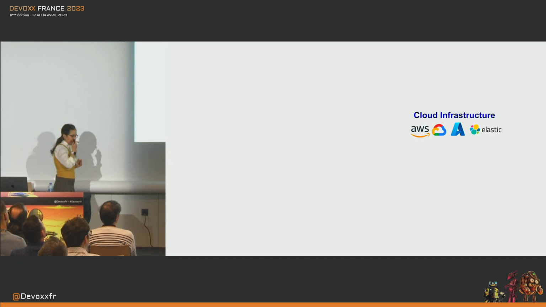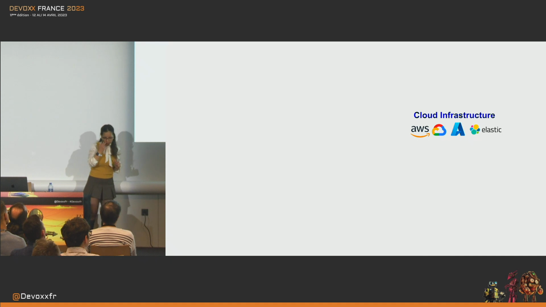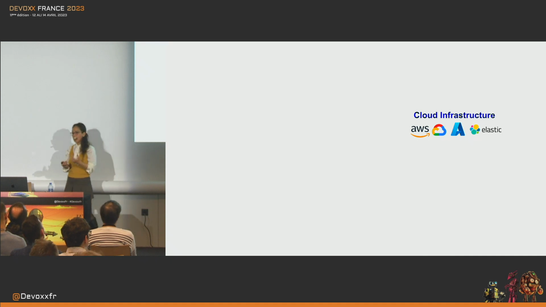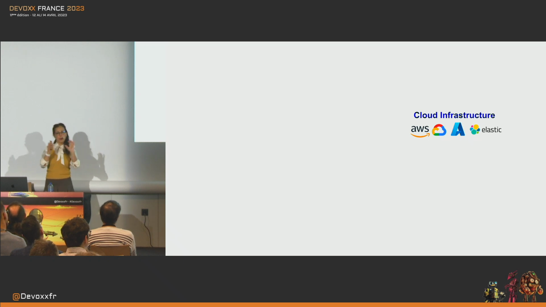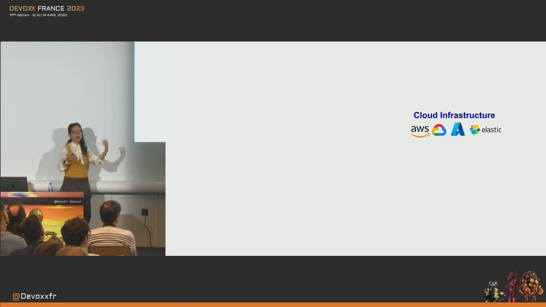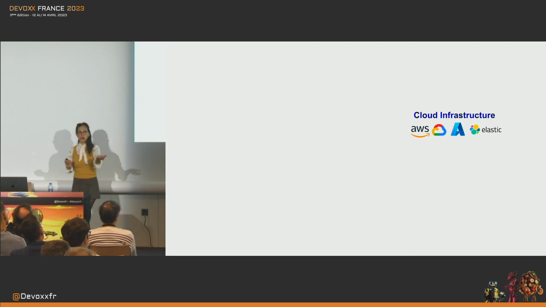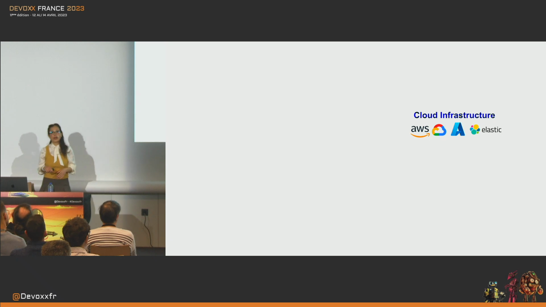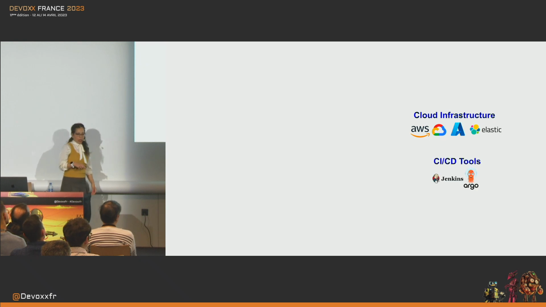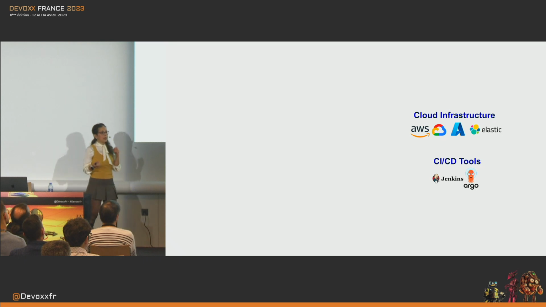The second view is from the operational perspective, where, as the operational team, what you need to do is actually a combination of a few things. The first one is that you are responsible for provisioning, maintaining, and managing the cloud infrastructure you want to use or your company needs to use, and those can be provided by different cloud providers, AWS, GCP, etc. Of course, you need to have built some CI/CD tools.